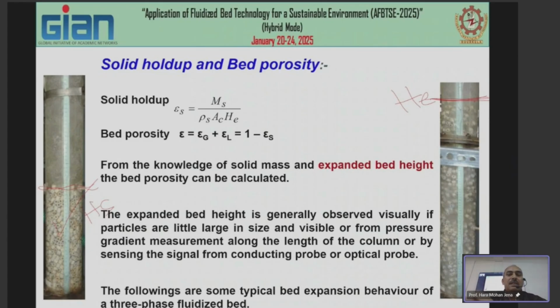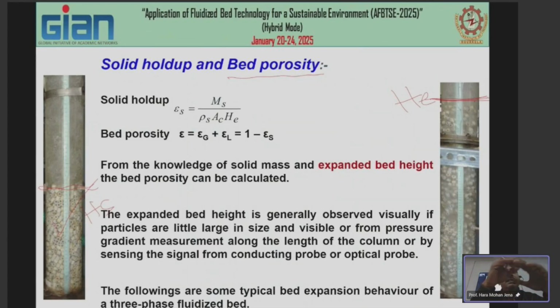But usually for any experimental observation or for the sizing of the system, it is not the bed porosity, rather the expanded bed height that is of importance. So what should be the height of a fluidized bed? Depending upon the porosity you need, your expanded bed height will be there. And once you have the highest possible expanded bed height, from that you will design your system.